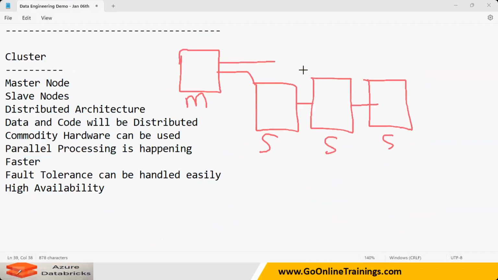For example, let us say somebody gives you 75 GB of data to process. Now, what is going to be happening?